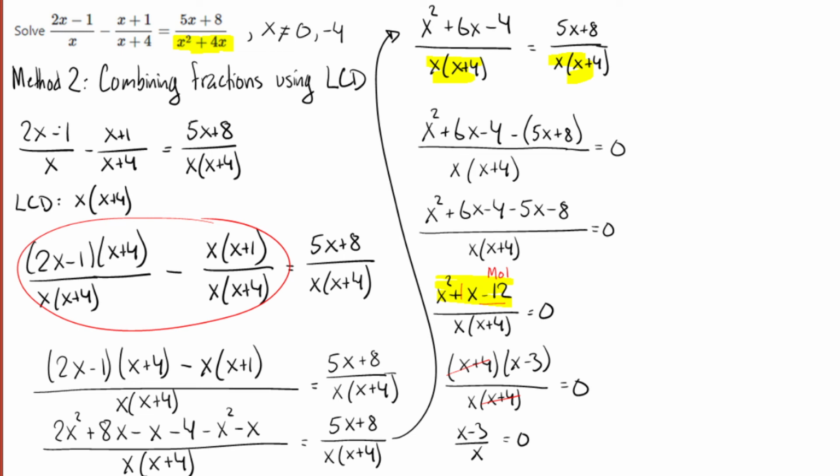So what we can do here is take the numerator and say that this left-hand side will equal 0 when x minus 3 equals 0, which will happen when x equals positive 3. And if you take a look at the denominator, we can see that we have an x in the denominator, which means that our non-permissible value here would be that x cannot equal 0, which we already determined up here.